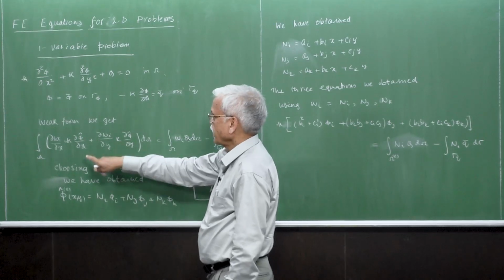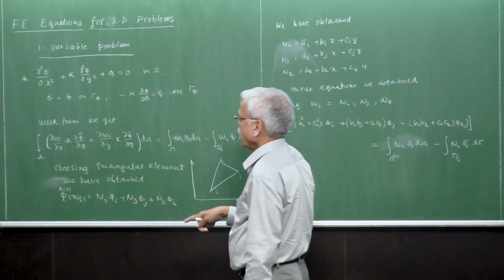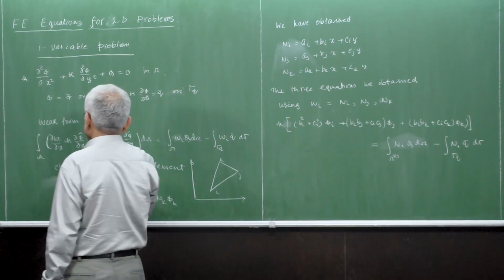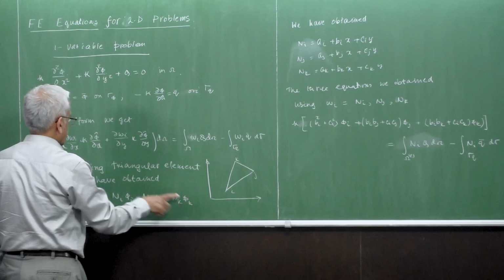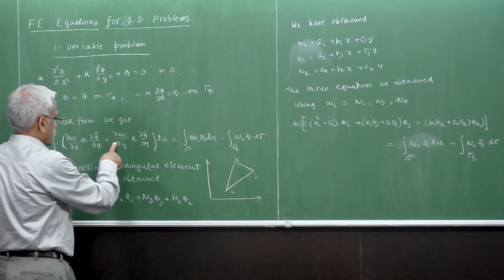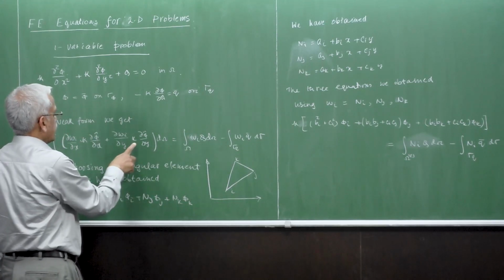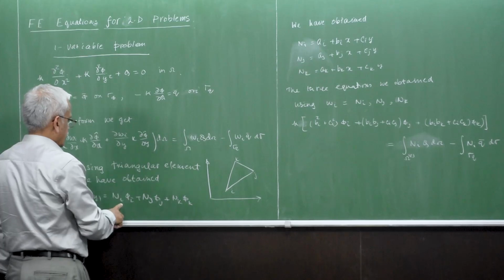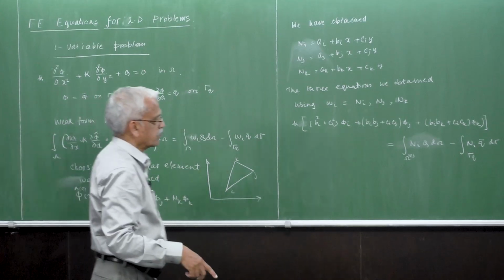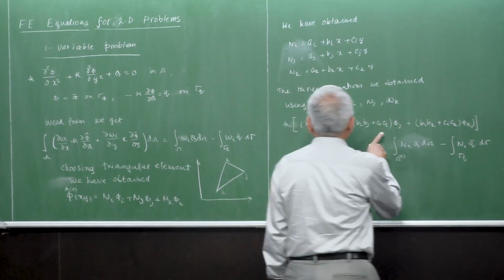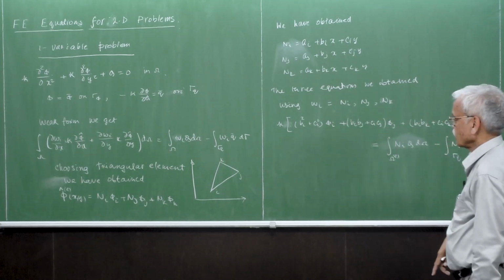Del Ni by del x will be Bi, and the derivative involves Bi phi i plus Bj phi j plus Bk phi k. That's what this is. And then this one will be that of Ci, involving Ci phi i, Cj phi j, and Ck phi k. This is what we did last time. If you put that in and collect the terms phi i, phi j, phi k, the equation looks like this.